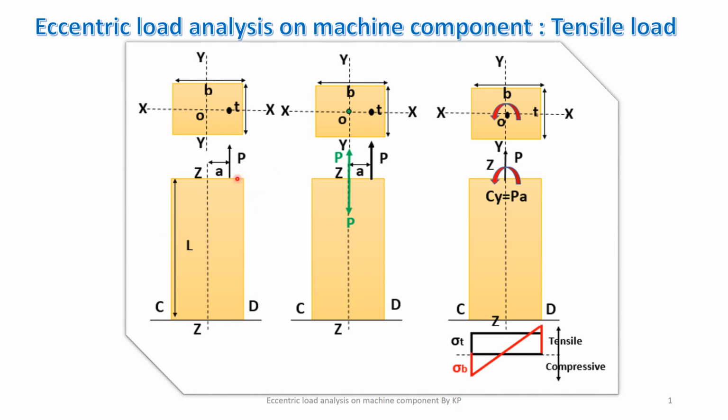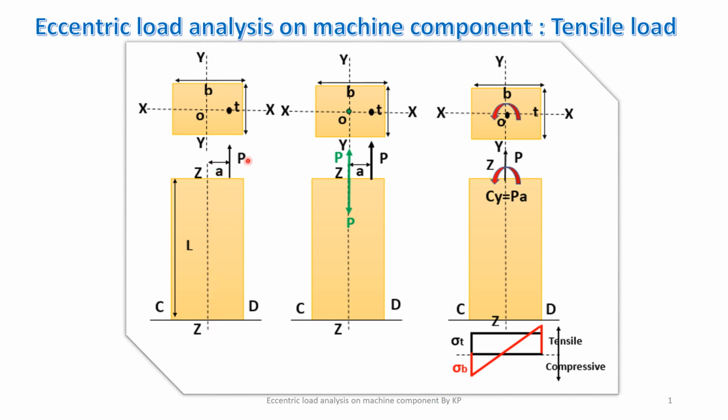On this member, the axis XX and the axis YY are the centroidal axes, which pass through the center O of the cross section. The ZZ axis passes through the intersection of axis X and axis Y, meaning this Z axis passes through O along the length.